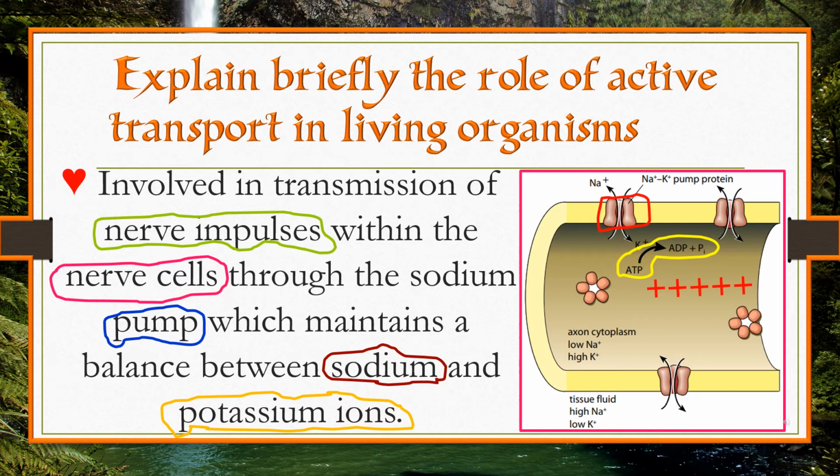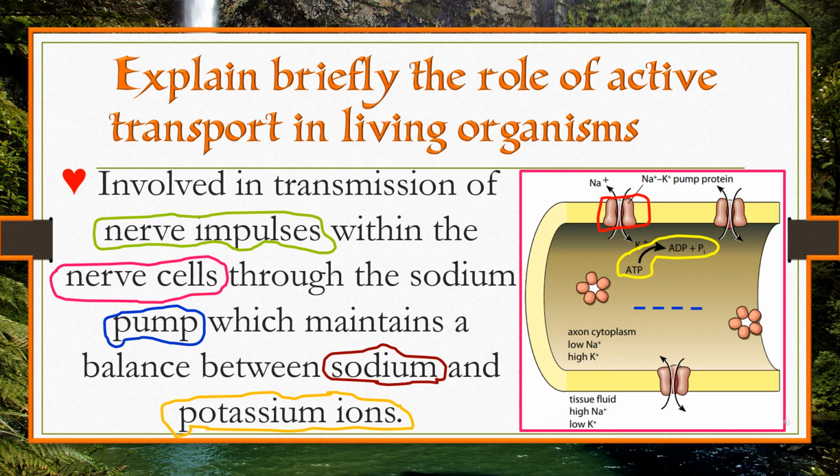cytoplasm. And by doing so, the number of sodium ions inside the axon cytoplasm is going to reduce. And as it is reducing, the positivity is going to change into negativity. And then our axon cytoplasm will go back to its original potential, which is negative potential.